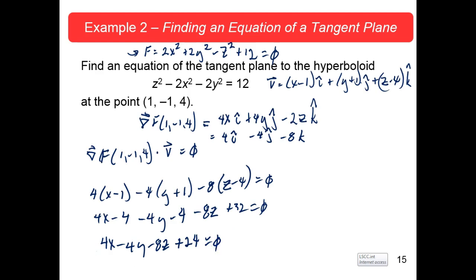And you could divide everything by 4 and make it x minus y minus 2z plus 6 equals 0. Okay? And that's exactly what they got. x minus y minus 2z plus 6 equals 0. And this was a hyperboloid of 2 sheets, sorry. I stated it incorrectly before. Okay.